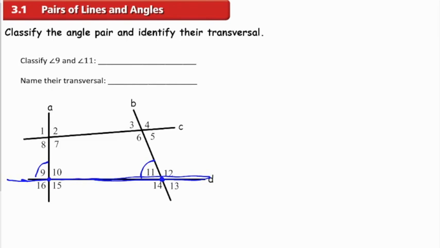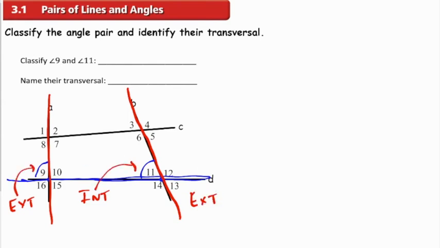I can say that these two lines are the non-transversal and create the interior and exterior regions. Well, I see I have one interior angle and one exterior angle. That leads me to believe that these will probably be corresponding. Let's double check.